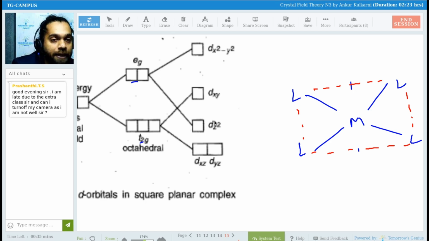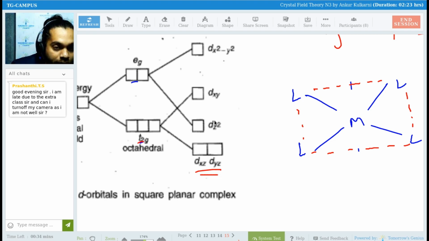Stabilized means what? In the t2g, we had dxy, dyz, and dxz. Wherever the z is present, they will get stabilized. So from t2g, the one with z has come down. Are you getting it?